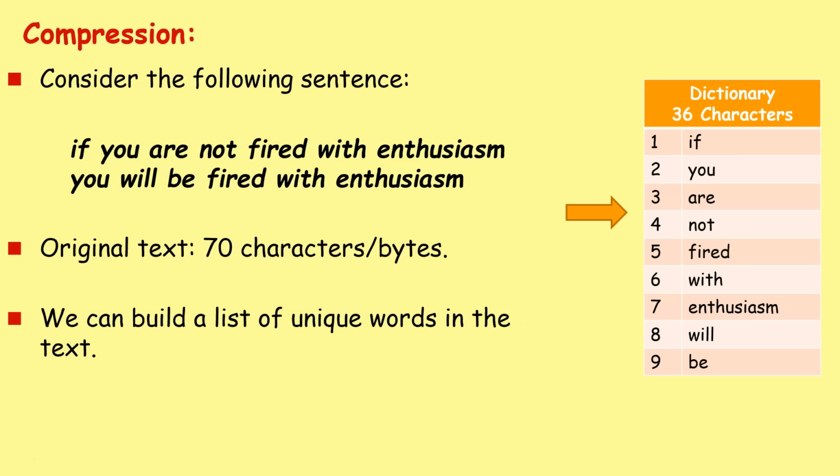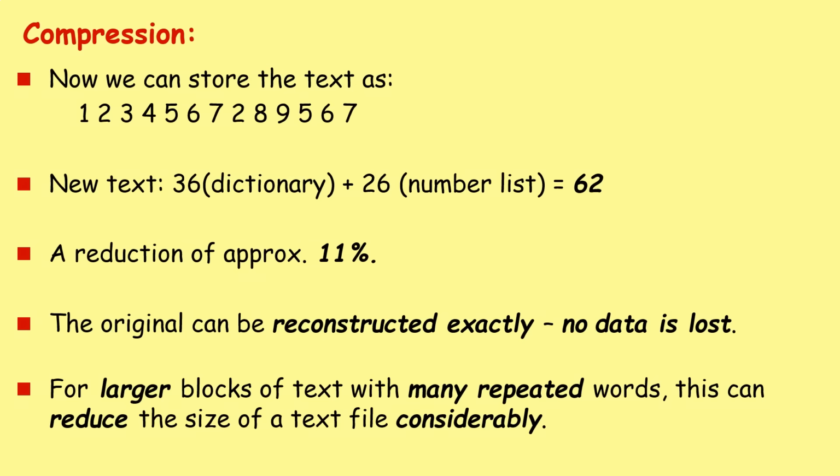The original text is 70 characters, and let's say 1 byte per character. We can then use this to build a list of unique words of the text. So we have our dictionary, and to store the dictionary, let's say, is 36 characters. We can then store the text just as the sequence of numbers representing the order of the words. The new text, well, we have 36 in the dictionary, 26 in our list.